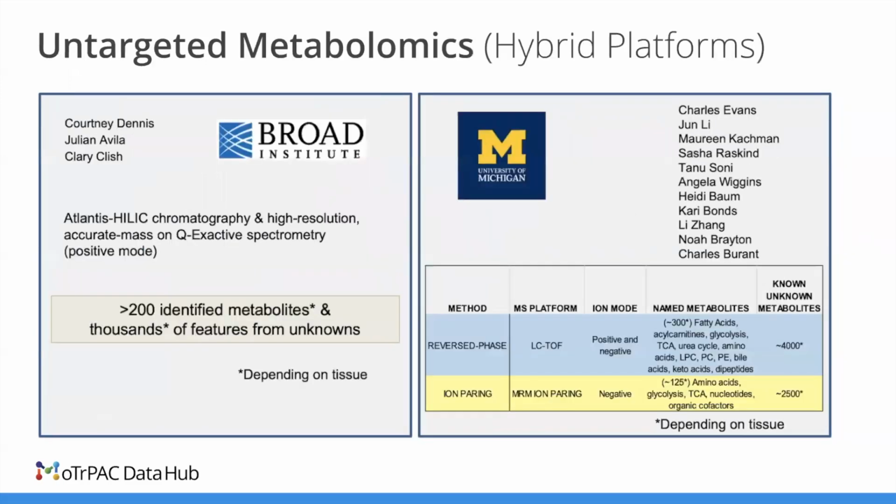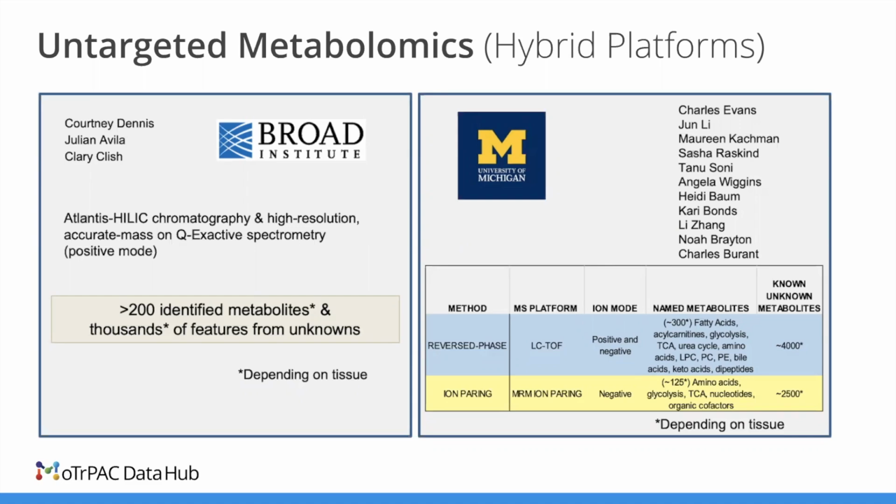Next slide. So the untargeted platforms really are being run as hybrid platforms at both the Broad and the University of Michigan. And what I mean by hybrid platforms is that a number of identified metabolites, in the case of the Broad, about 200 metabolites, are being detected in their HILIC, which is a separation method, with ionization in the positive mode.